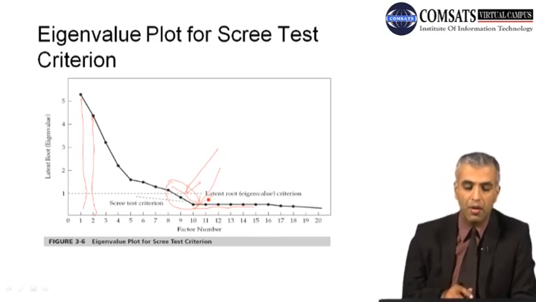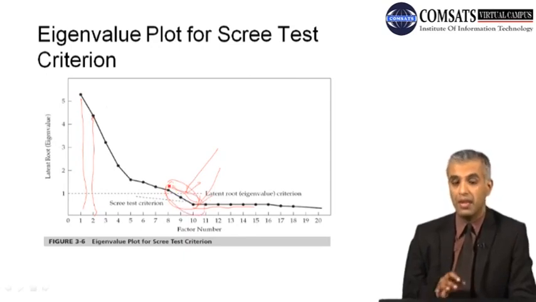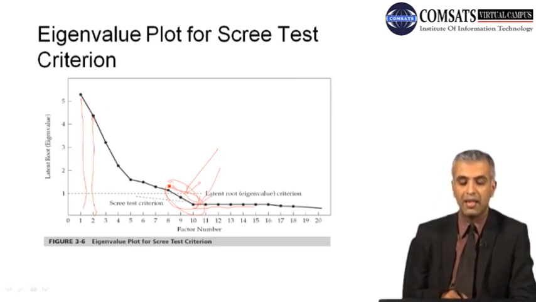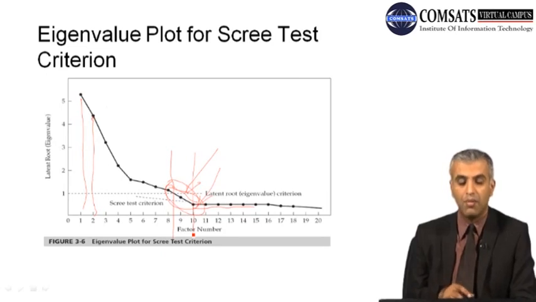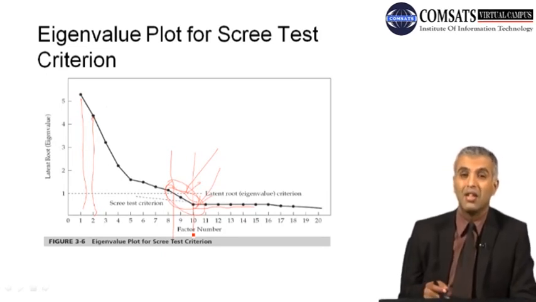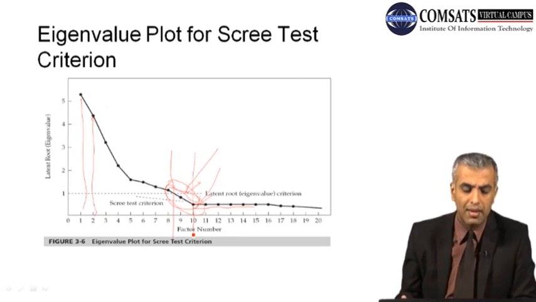Or we can take the average of these 3 points, and based on that decide the total number of factors. So let's say we can take 8 factors, or 9, or 10. Maximum 10 factors can be taken from the set of data which we have just entered in SPSS.